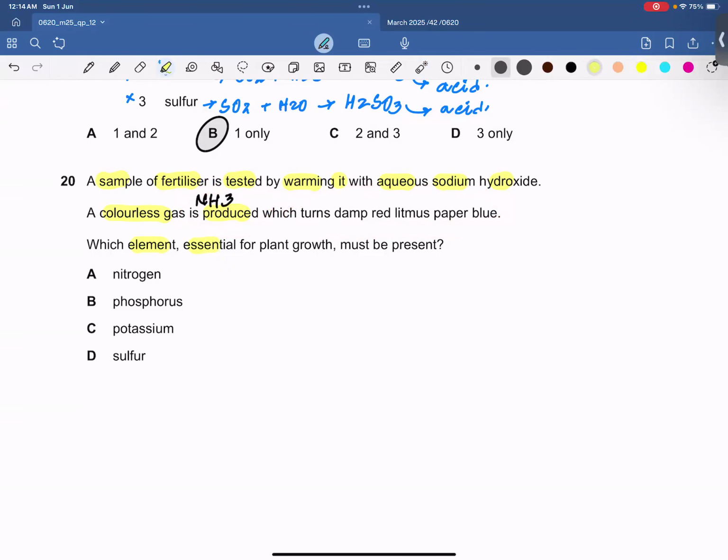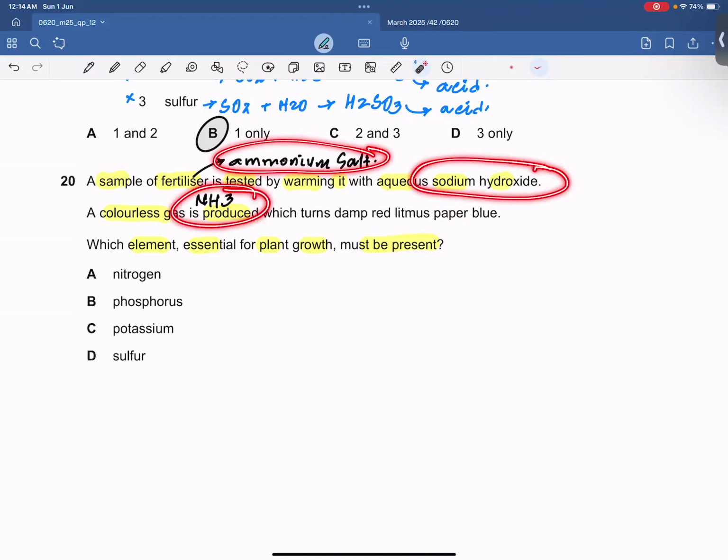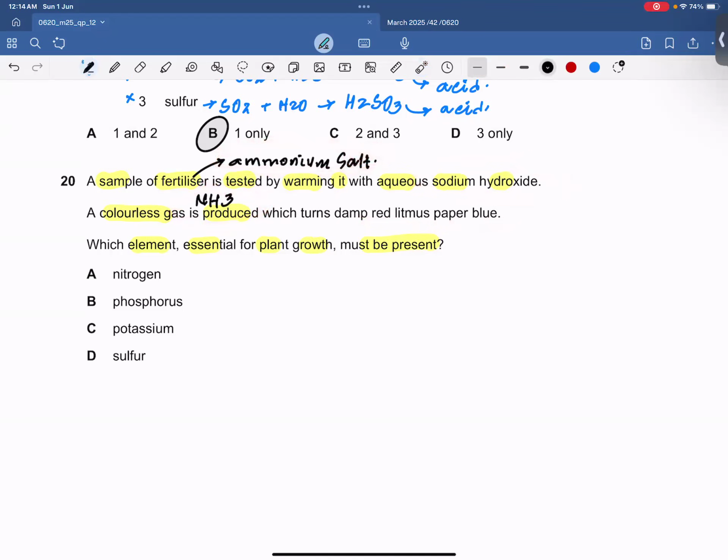Which element essential for plant growth must be present? So this fertilizer must be an ammonium salt, because whenever any ammonium salt reacts with any alkali, ammonia gas is always produced, which turns damp red litmus paper blue. And in ammonium salt, we have nitrogen, and that nitrogen is essential for plant growth.